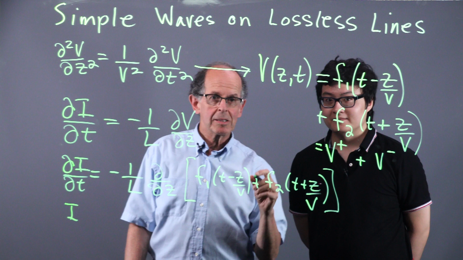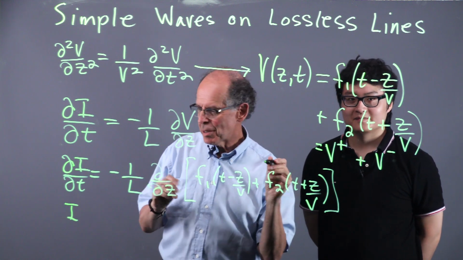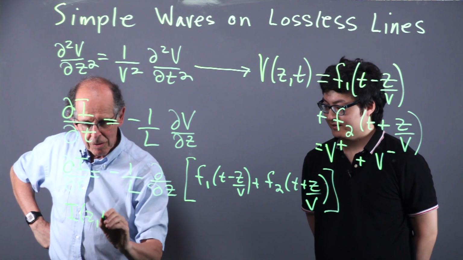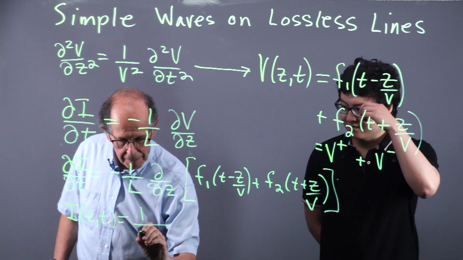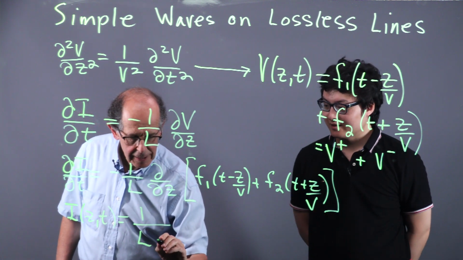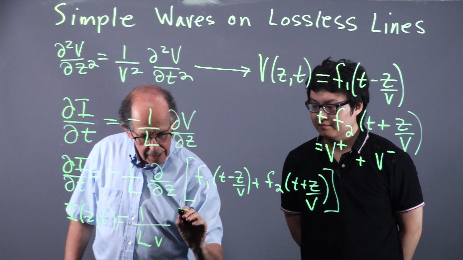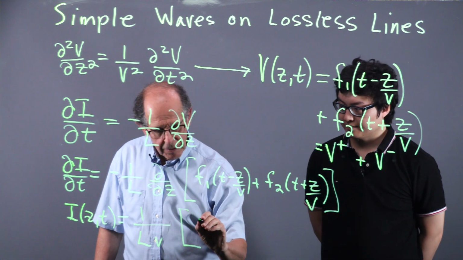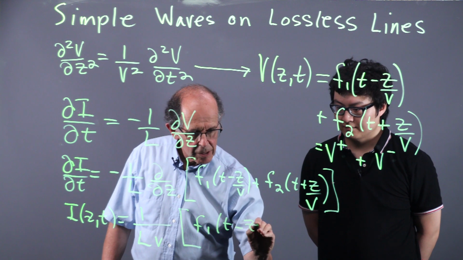By the way, this is a homework exercise related to the video. We're not going to fill in all the missing steps. I of z and t is equal to 1 over L, the inductance, times the velocity v, in the denominator, multiplied by F1 of (t minus z over v).